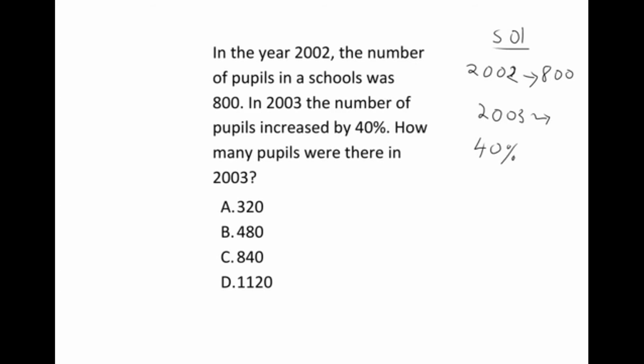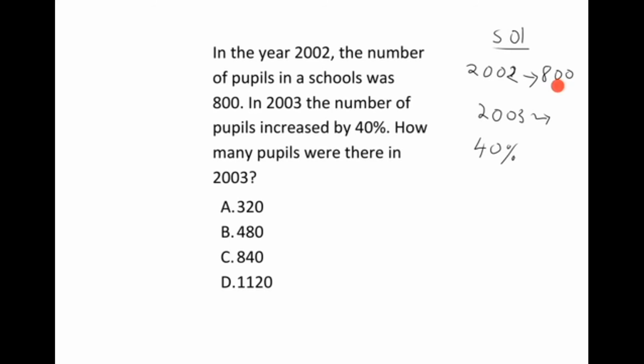Then we are asked how many pupils were there in 2003. If in 2002 the pupils were 800, then in 2003 the number of pupils increased by 40%.